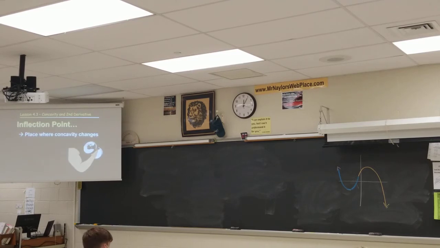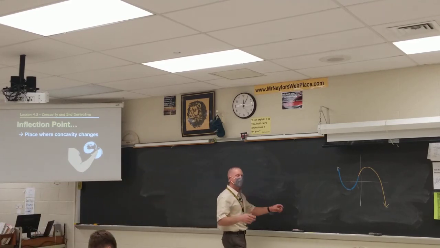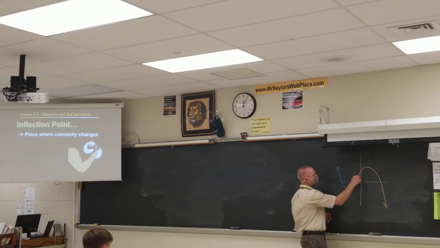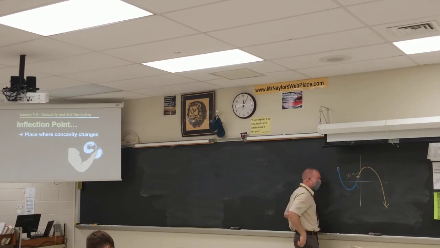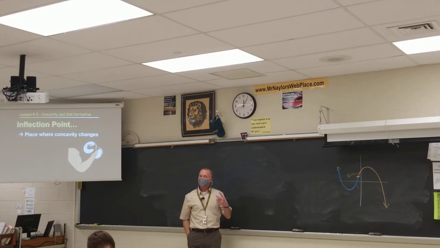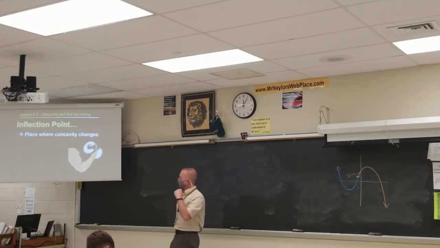Inflection point. Yeah, inflection point, the place where all this changes. This is kind of like the new critical point. I mean that. This is actually the new critical point. As you guys will realize, it's the critical point of the second derivative.